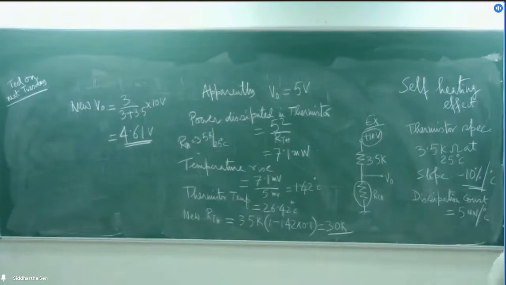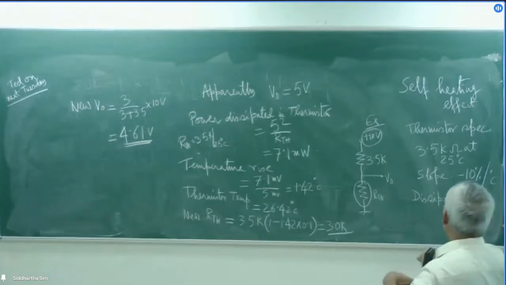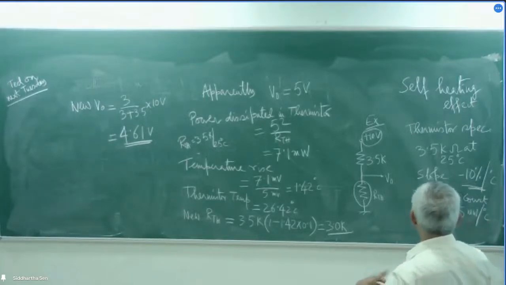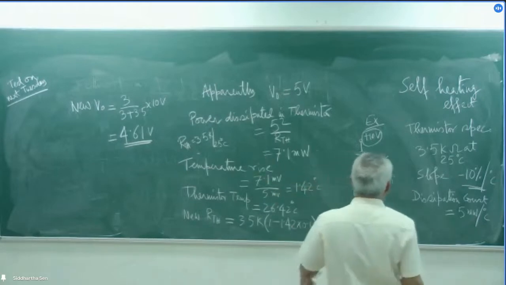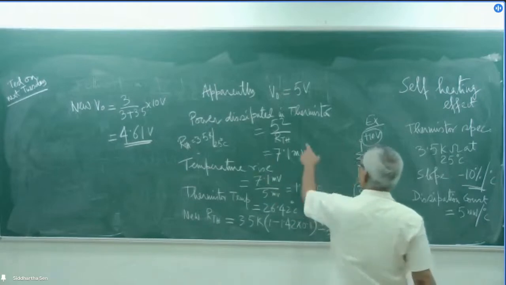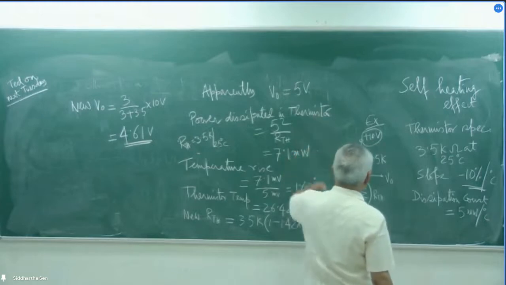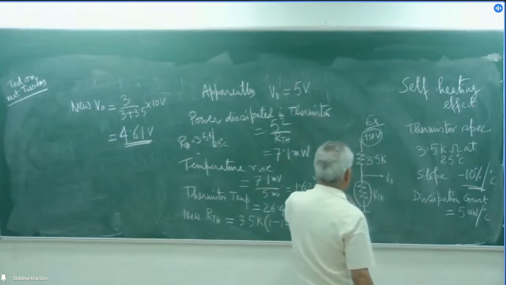And of course, I have shown you the first iteration. You can go for the second iteration also, and find that with this 3 kilo ohm and 4.61 volt, what is the power dissipation, and it can go on like this.